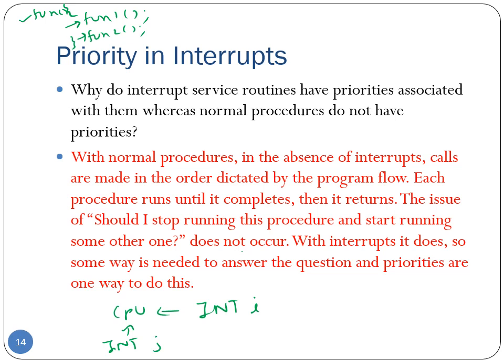Now the question is, the CPU doesn't know whether it should keep serving interrupt I, or should interrupt I be suspended and interrupt J be served instead. So some way is needed for the CPU to decide which of these two interrupts is more important in some sense or more urgent, and this way is basically the assignment of priority to the interrupts. So that is why priority assignment is important in interrupts, and it is not important in normal procedure calls.